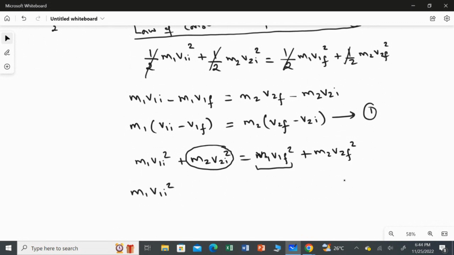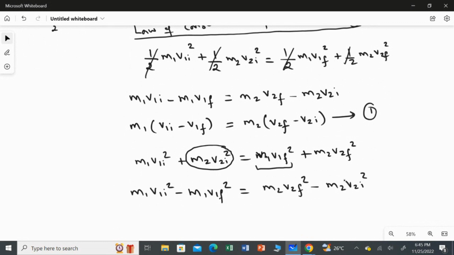When you move m1 v1 final square to the left hand side, it will have a negative value, so minus m1 v1 final square, equal to m2 v2 final square, and when you move this to the right hand side, it takes the negative value, right? So minus m2 v2 initial square.